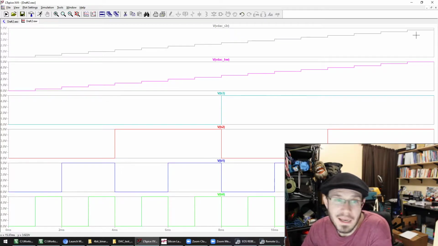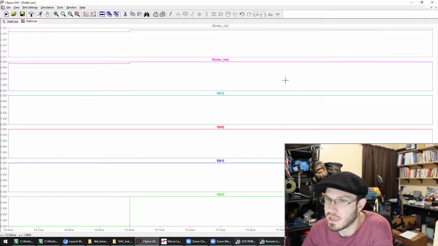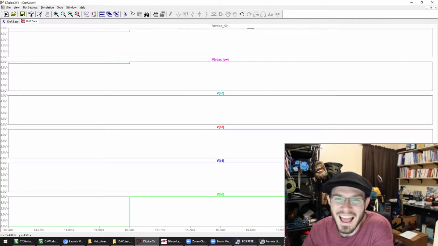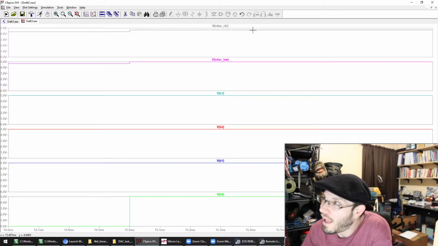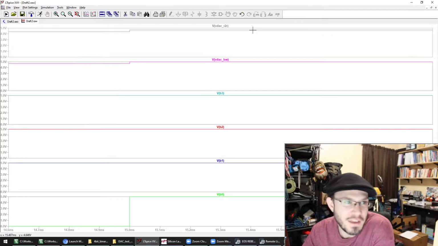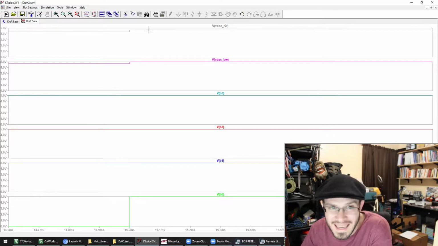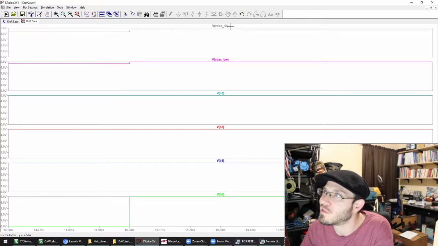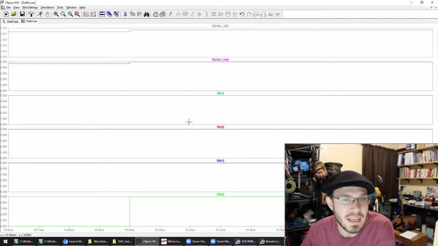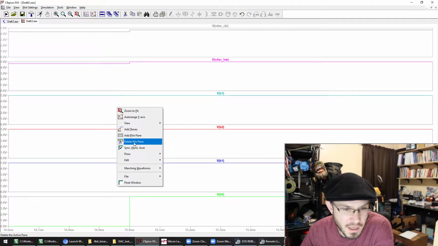There is one little drawback. The R2R ladder DAC is not all sunshine. You don't reach the full scale value, so even though our VREF is 5 volts, you can't actually get to your highest voltage. Up here, it's a little hard to see. Let me see if I can cut out, let's do this.